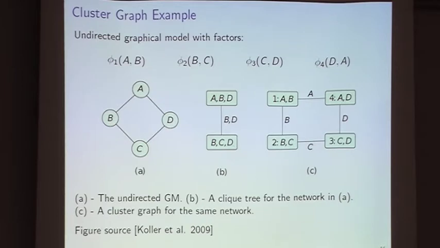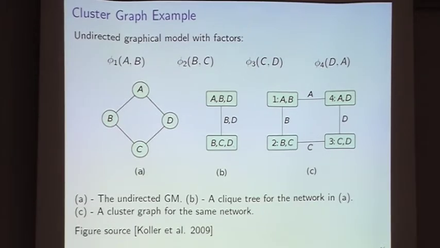And then we find the maximal cliques in that graph. If I add a link between B and D, the maximal cliques are going to be A, B, and D, this one, and then B, C, and D, this other one. I connect the two nodes with a subset which is the intersection of the variables, and then I can associate one of these factors to each node.